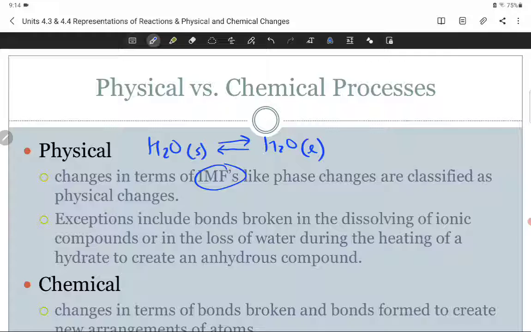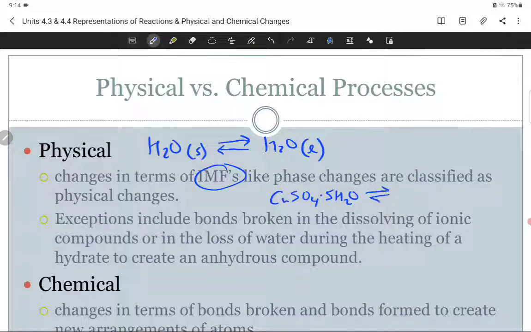Exceptions include bonds broken in the dissolving of ionic compounds, loss of water. What this means is these are physical processes. You could also have a hydrate, where that little dot means there's water loosely attached.